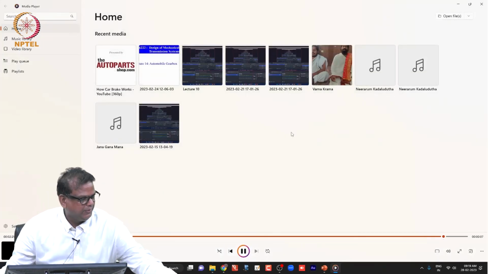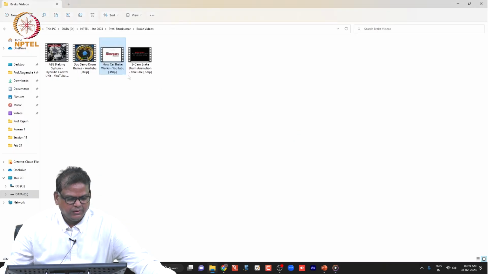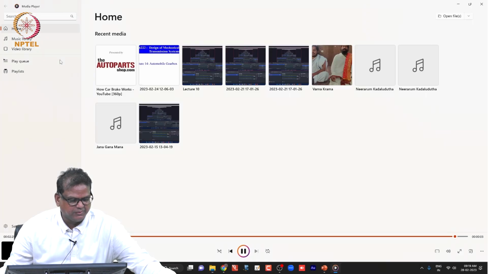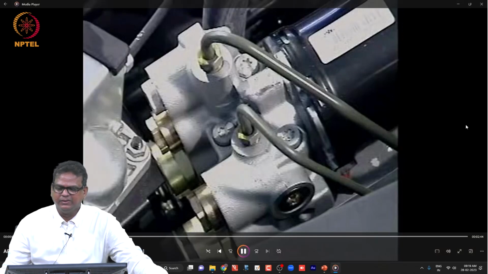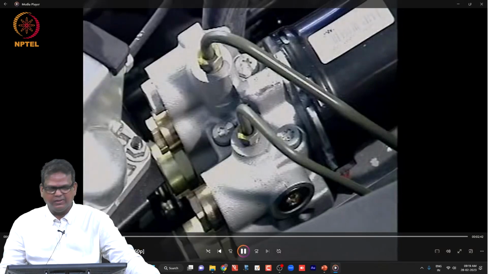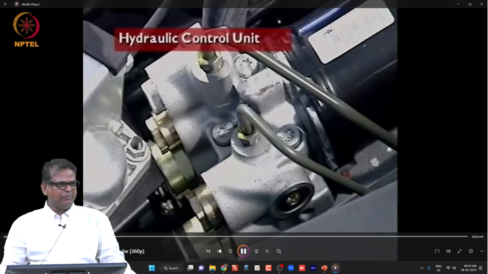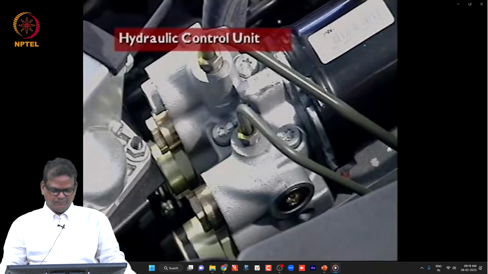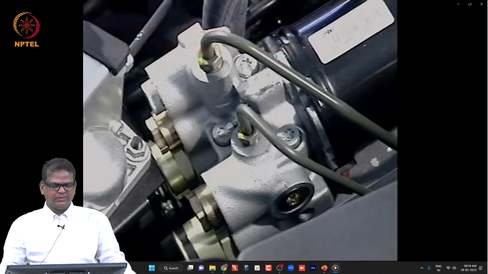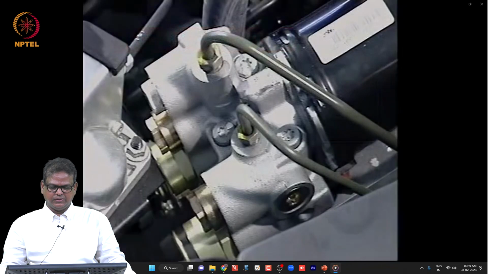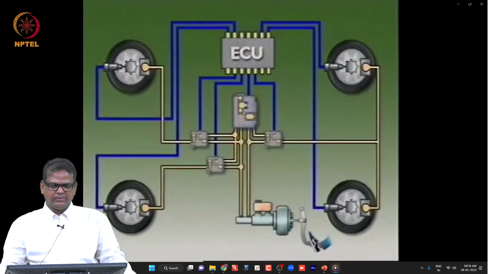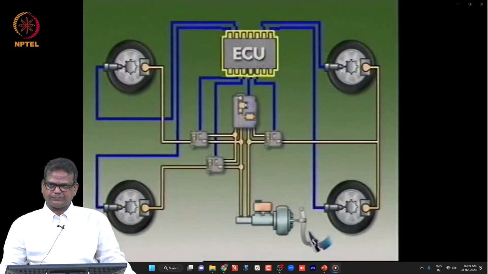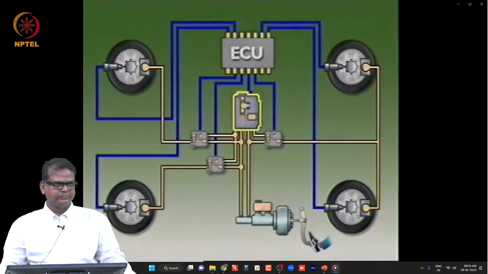And in fact, you can see the difference between a regular brake system and an ABS brake system. ABS is mostly the preferred one. This is the hydraulic control unit, or modulator, of the anti-lock braking system. The ABS control module or ECU sends commands in the form of electrical signals to the hydraulic control unit.